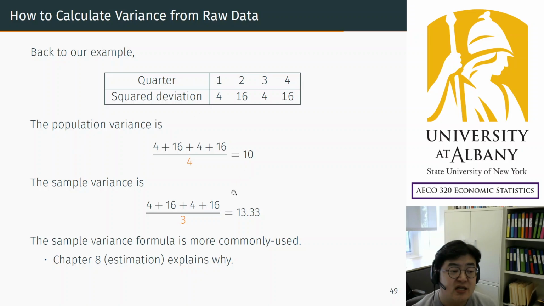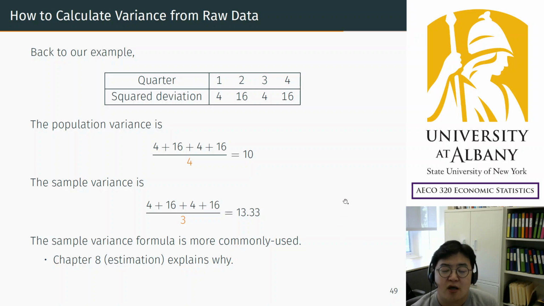So in real data, we have large sample sizes, so both formulas are not that different. They are pretty much the same. So you don't need to worry about what you are using. Just choose whatever. But in general, the sample variance formula is more common.